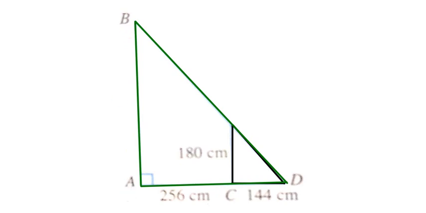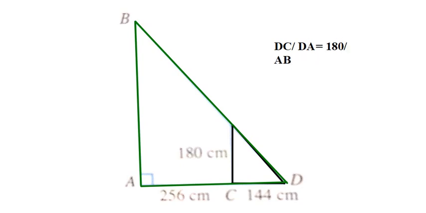So we are going back to the ratio principle. The ratio of all sides will be equal. So we can compare DC over DA, and the other side is 180 subtract with AB.